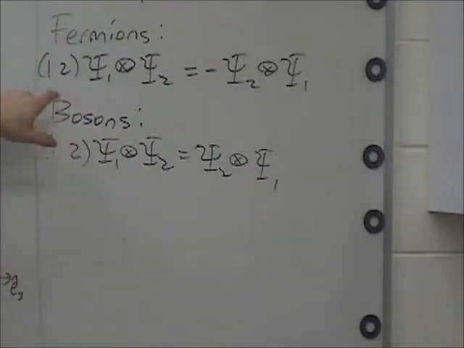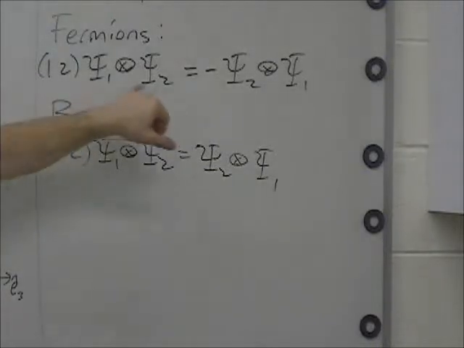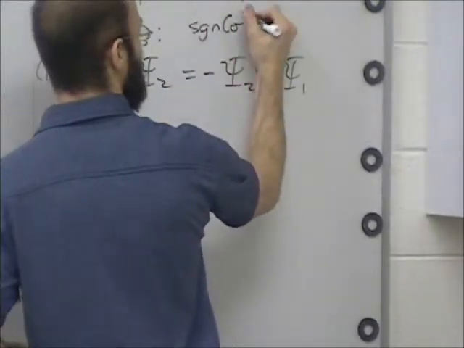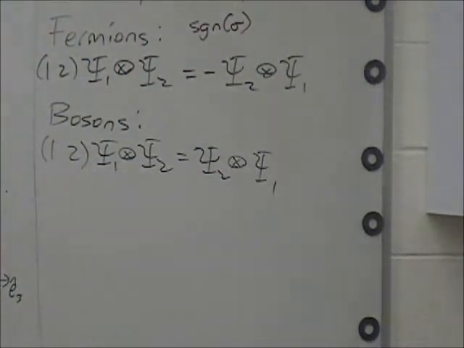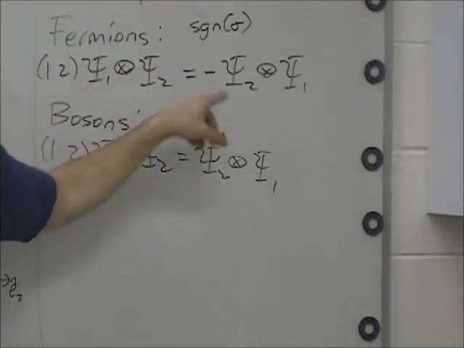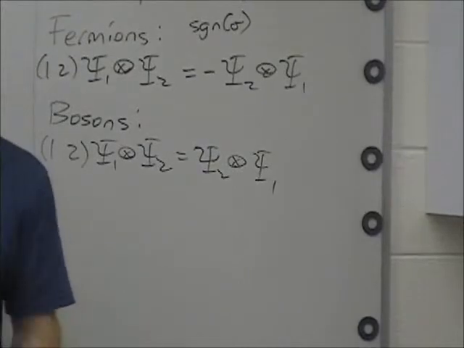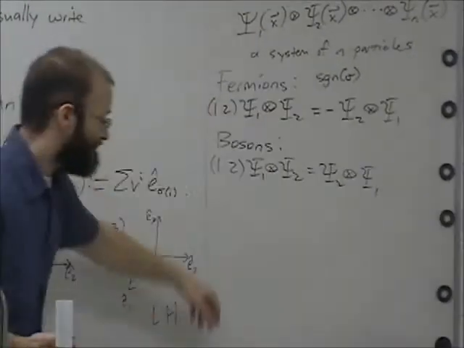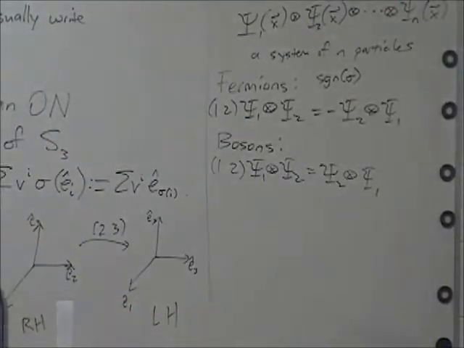Okay, so this action is not the correct action, right? For fermions, you would need to include something like the sign of sigma. The sign would go out in front of whatever your map was. All right, so group actions are super important.